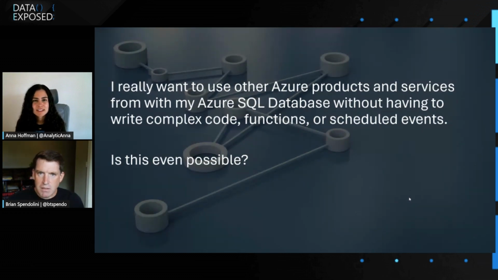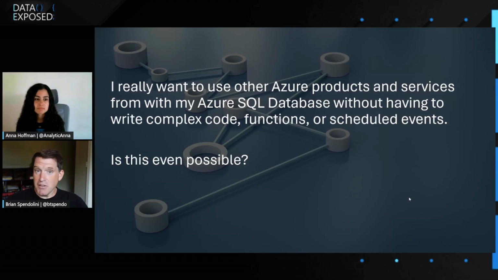Sure. So let me just really quick run some slides here. And let's start with a question that we've gotten from our development community. And the question is, I really want to use other services and products with my Azure SQL database. I want to use maybe the event grid or the event service, or I want to use functions. How am I able to do that, or is that even possible?